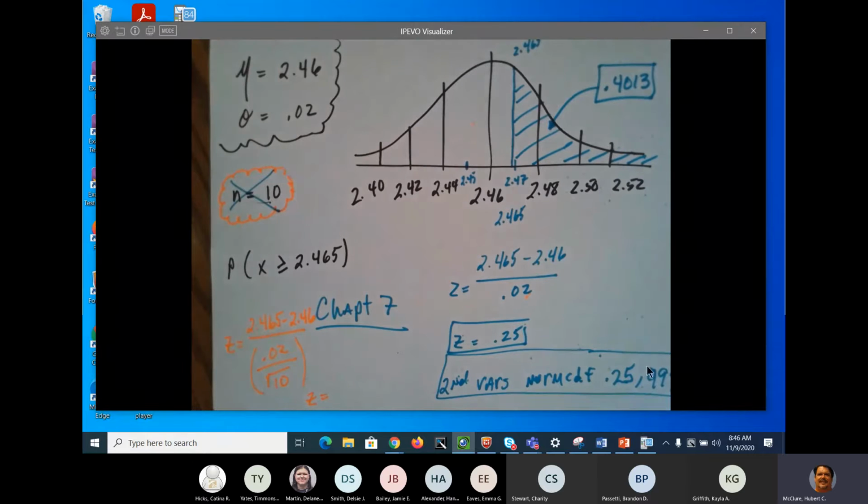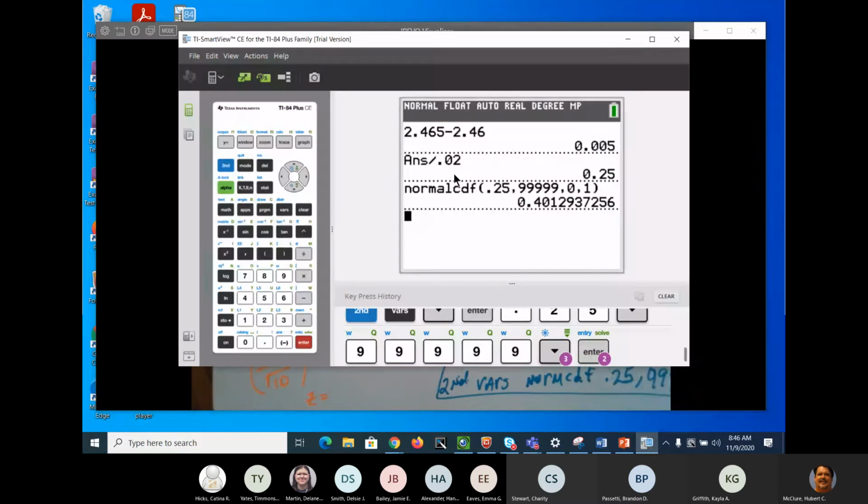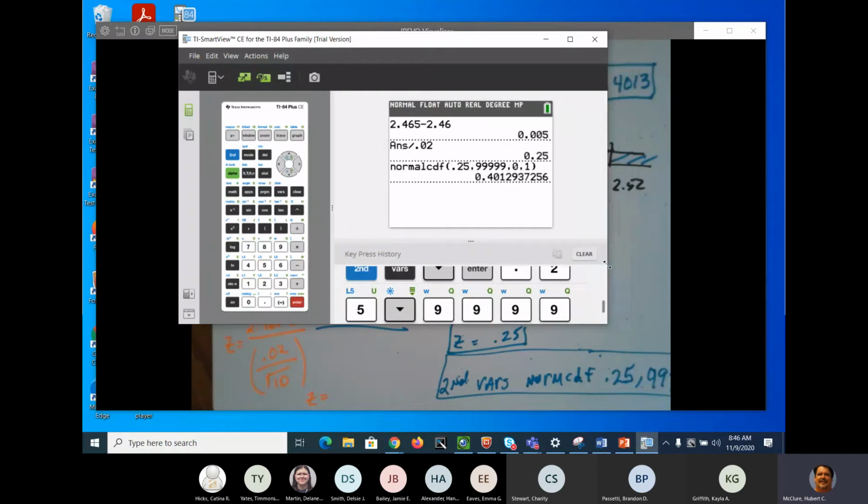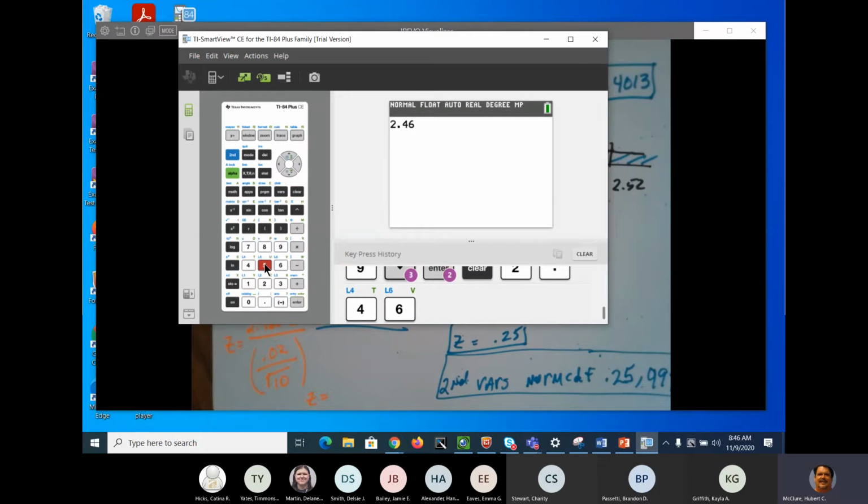So I'm going to take my handy dandy calculator, make it a little bit smaller so y'all can see what I'm doing. There we go. So clear, 2.465 minus 2.46 divided by parentheses 0.02 divided by, and you can put the square root.